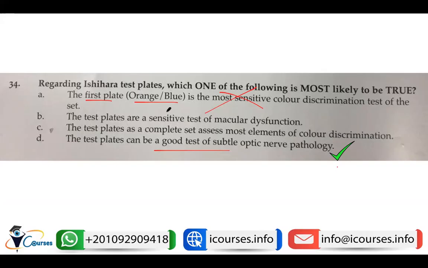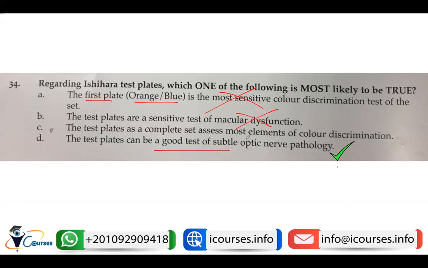The test plates are most sensitive for macular dysfunction. This is not true. For macular dysfunction, these patients usually complain of blue and yellow color defects, and these are not tested by the Ishihara plates, with some few exceptions, but this is not the common case for macular dysfunction. Test plates are a complete set, assessing most elements of color discrimination.